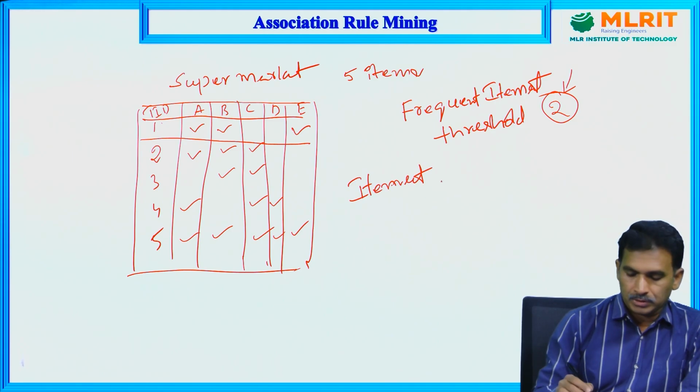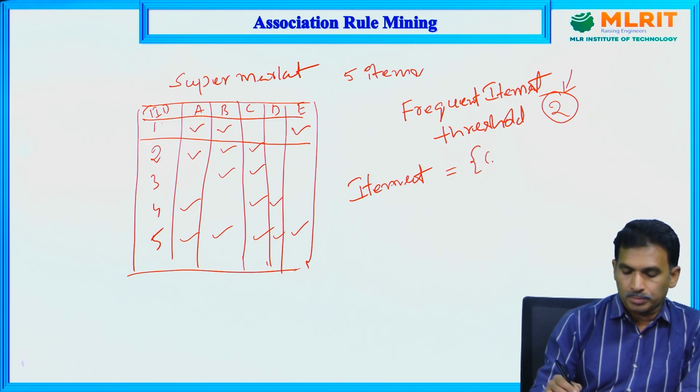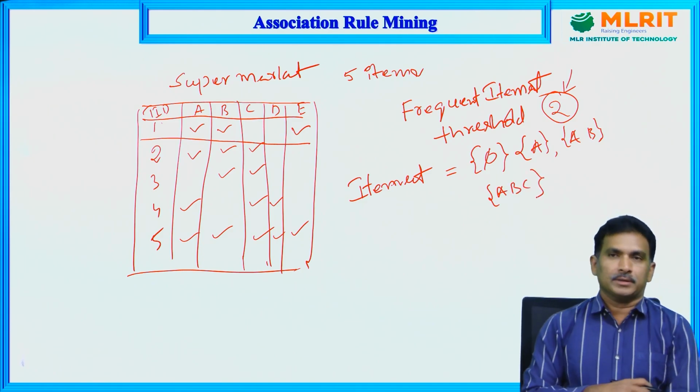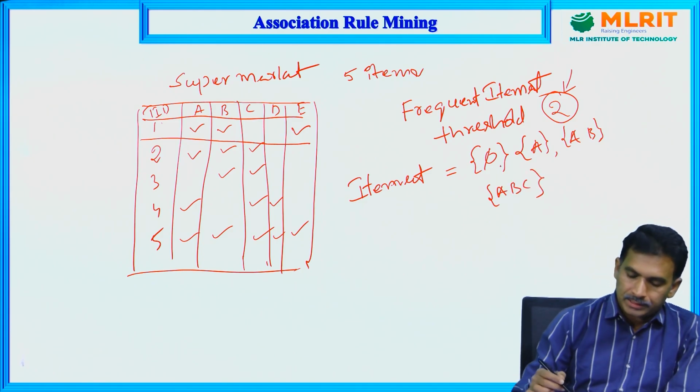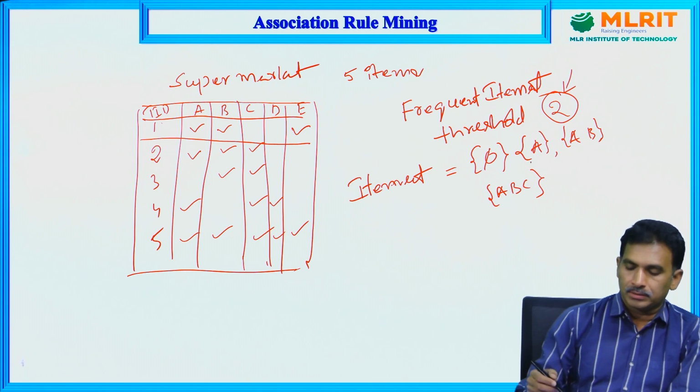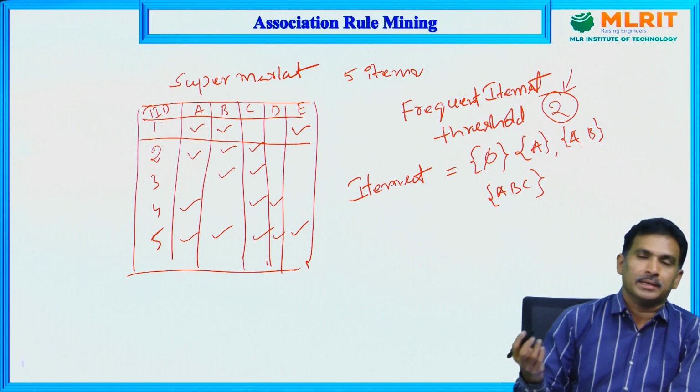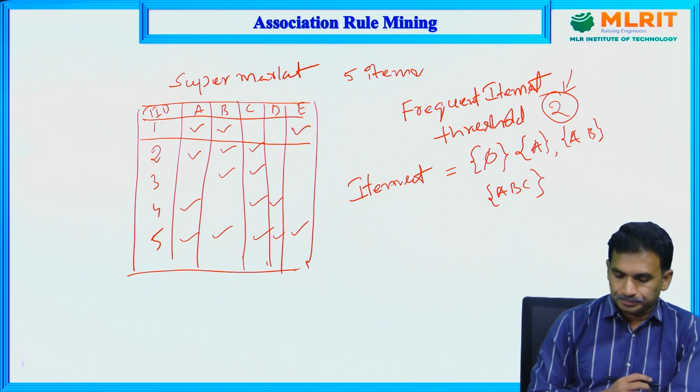Item set means it could be empty or it could be a single item, let us say A, or AB. This is one item set and ABC is also another item set. So item set means a set of items. It could be empty, 1 or 2 or 3 or n number of items.